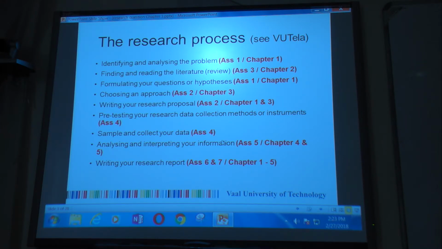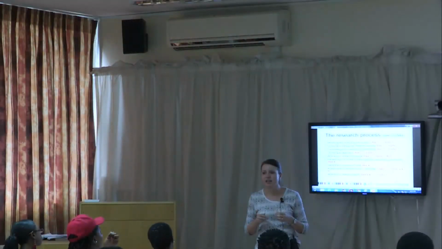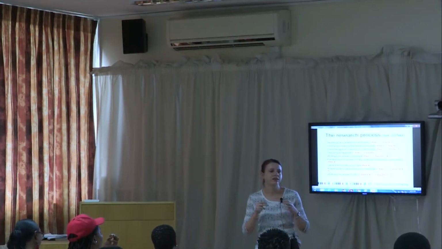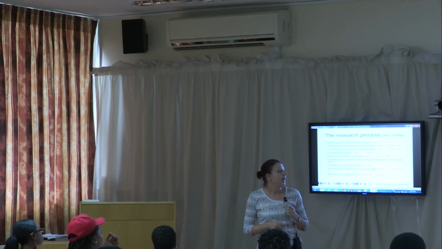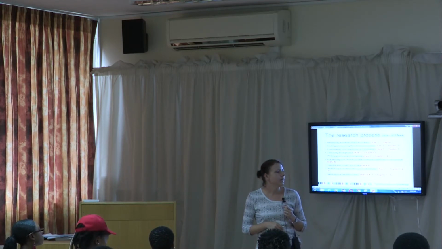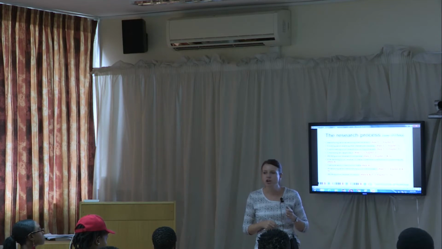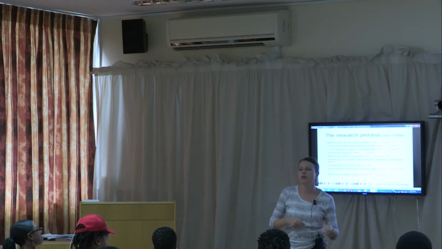The next step in the process, you're going to analyze and interpret your information. So after you have distributed your questionnaires or you have conducted your interviews, you need to tabulate that information, the data. You need to code the data and table the data, okay? And that is the analyzing of it, and you're going to draw graphs and charts from that. You're going to say the majority of respondents were male or female.